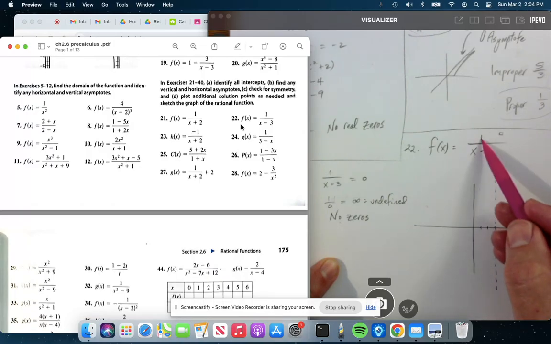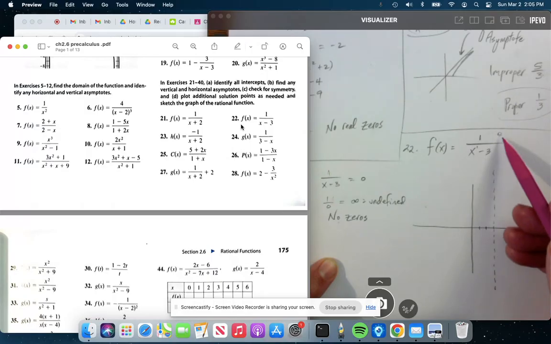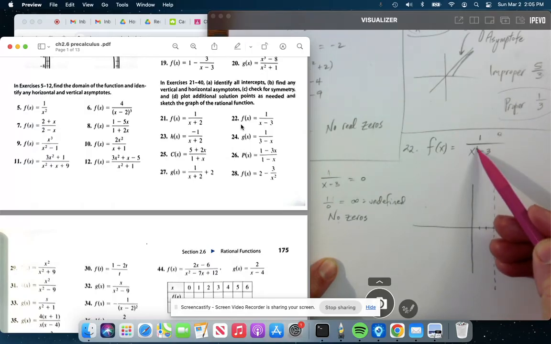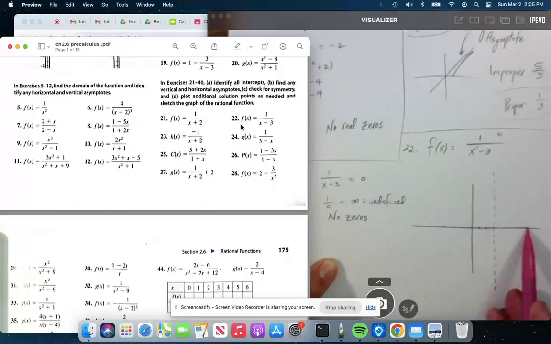Think of that as x to the 0 power up here. And the degree of this one is 1. So 0 over 1 is proper, since the degree of the top is smaller than the degree of the bottom, which is the denominator. Therefore, the x-axis should be an asymptote as well.